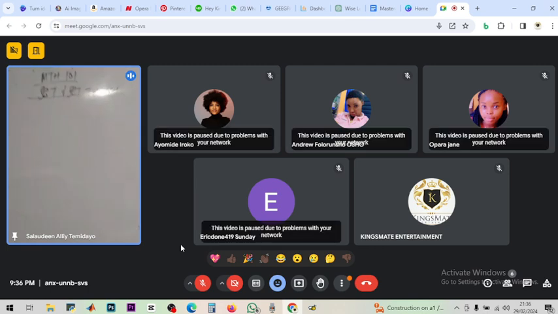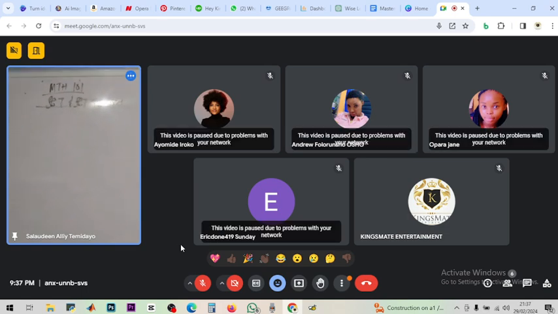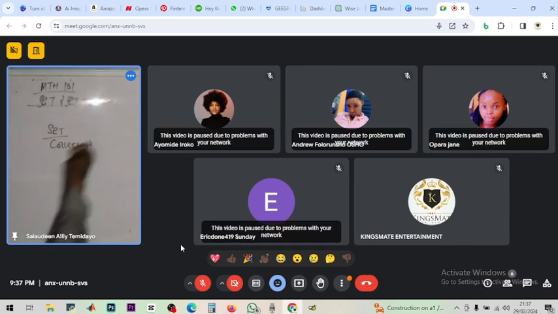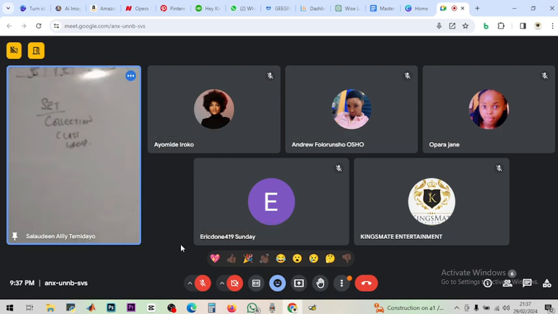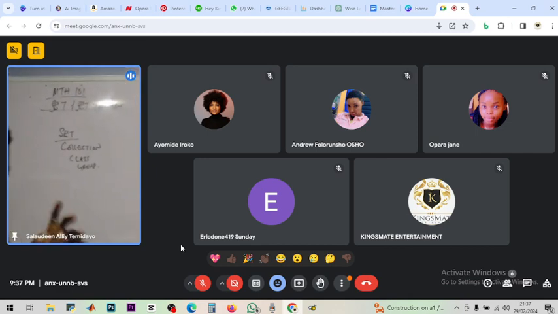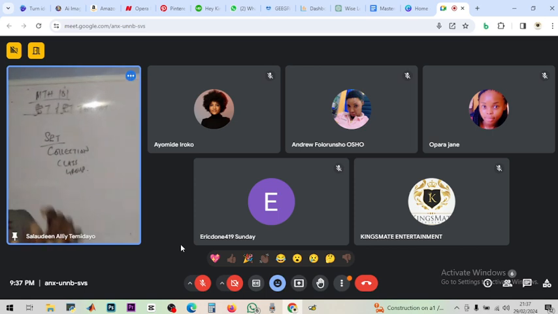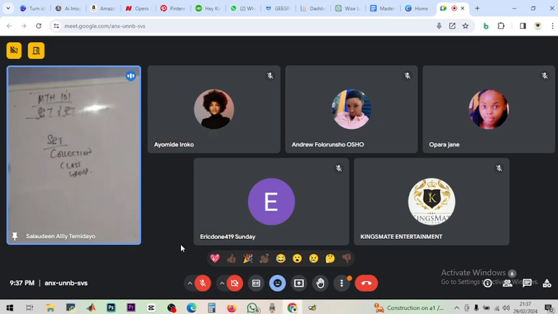When we talk about sets, the first thing that should come to your mind is collection, class, group. That's all we mean. Many of us know the mathematical set. A mathematical set is a collection of mathematical instruments.